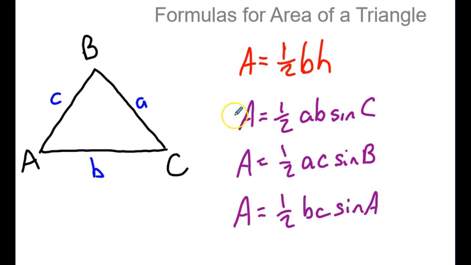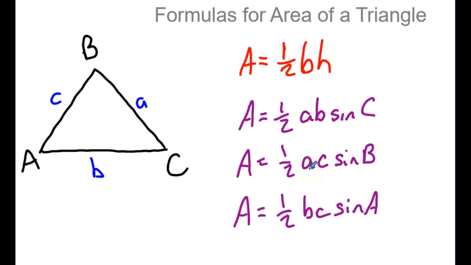If we focus on the first one to understand where these parts are coming from, a and b, if we look at these side lengths side by side, angle C is the angle between those two side lengths. So to use this area formula involving sine, you need two side lengths and the included angle.